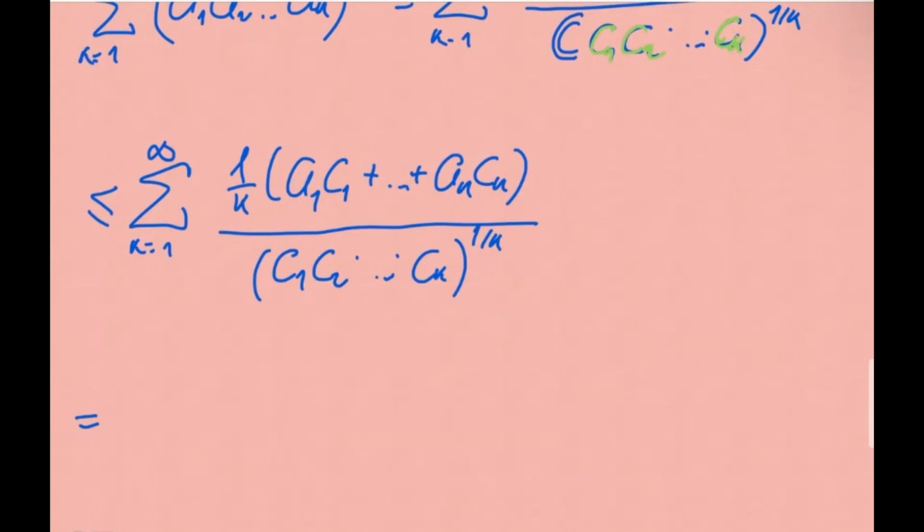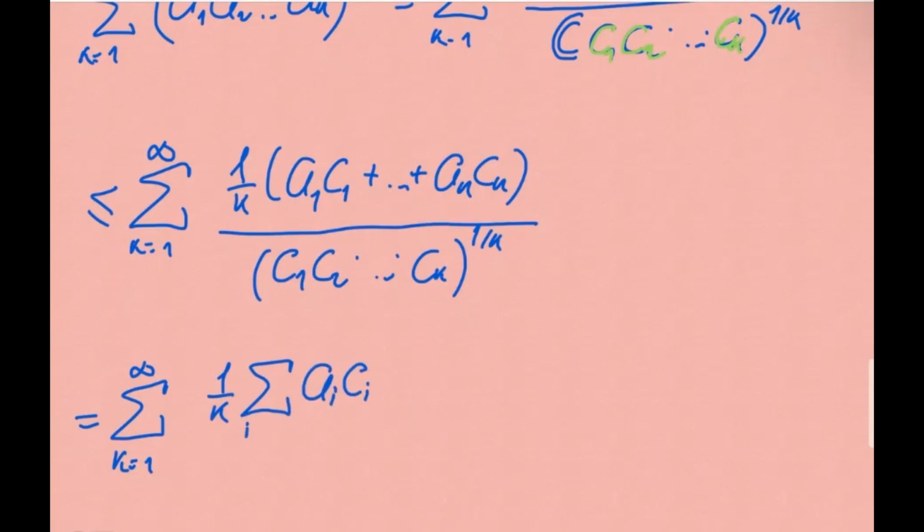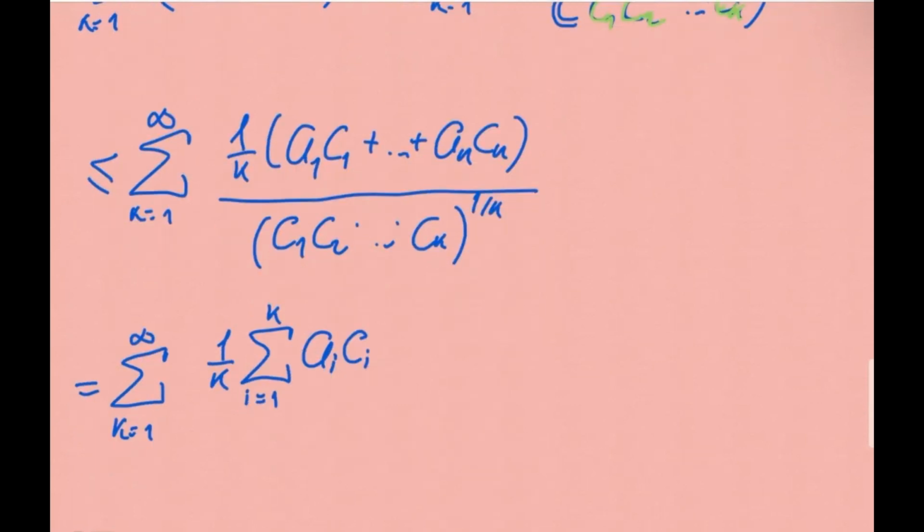Now let's write out the summation in a short form. This is the same thing as the summation from k equals 1 to infinity, and this is just 1 over k times the summation of ai ci, where i goes from 1 to k. And all of this has to be, of course, divided by these other terms, c1, c2, ck to the power of 1 over k.